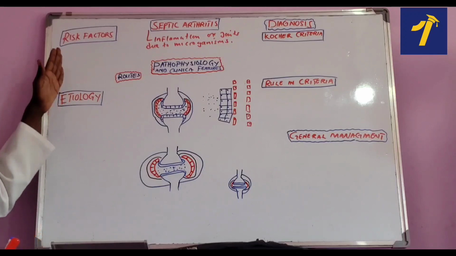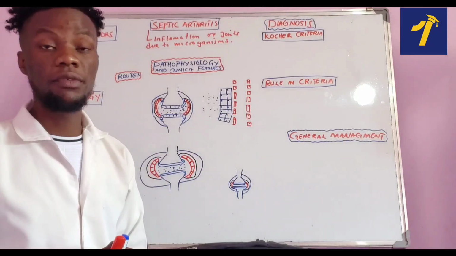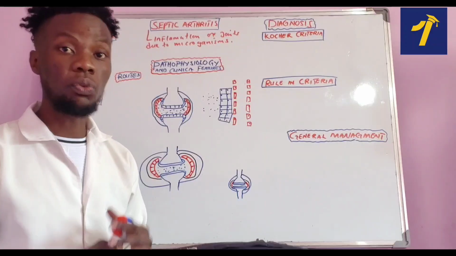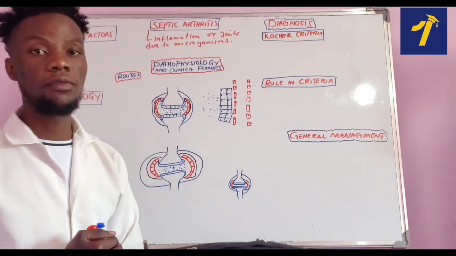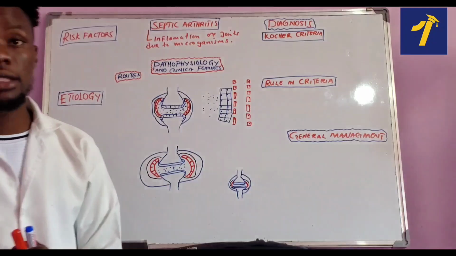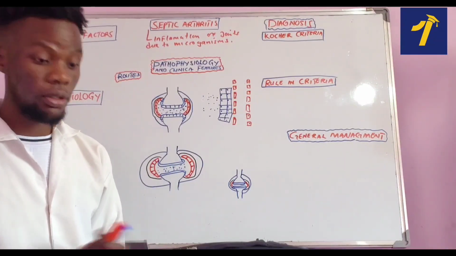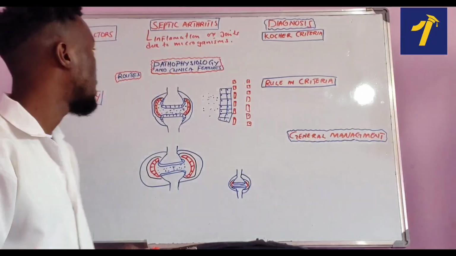For that we'll talk about the risk factors, those people that are at increased risk of developing septic arthritis. We need to be aware of that, because if you want to diagnose septic arthritis fully, you're going to take history of that patient.